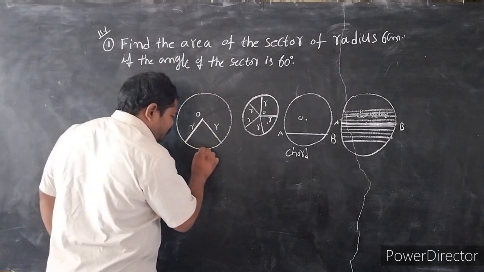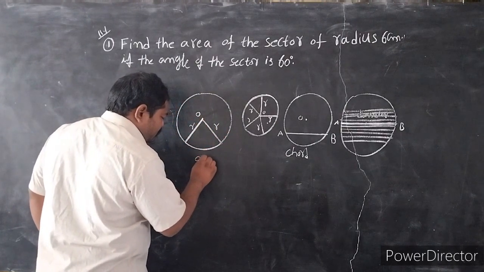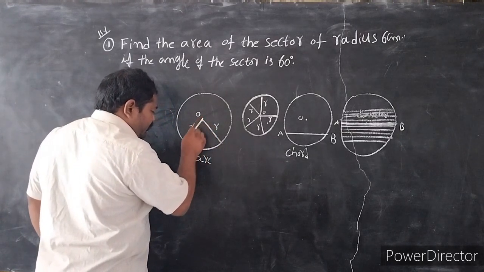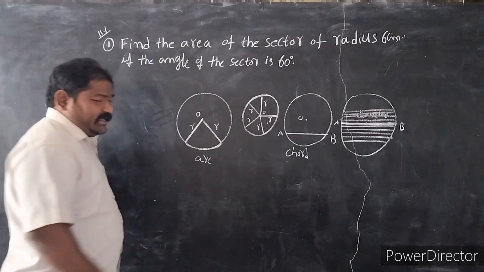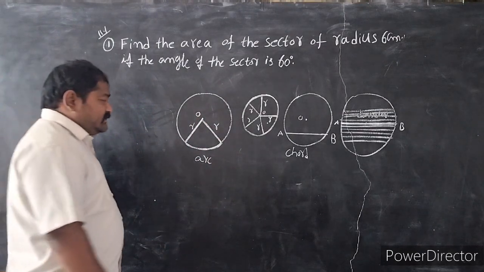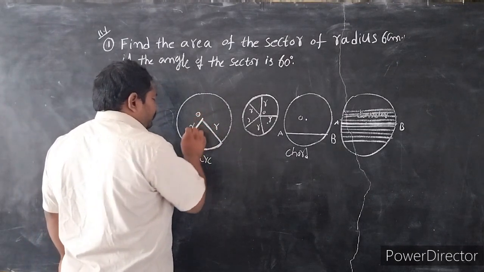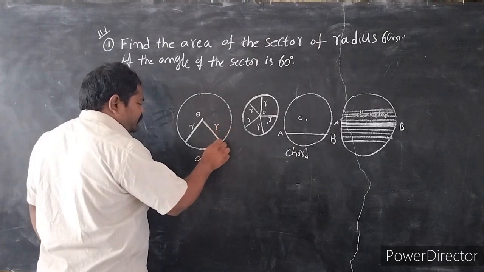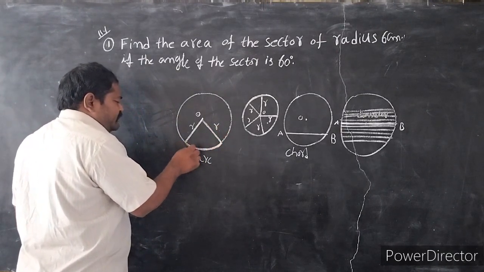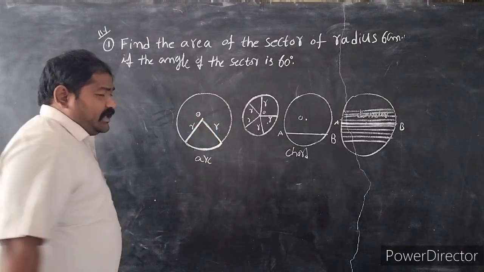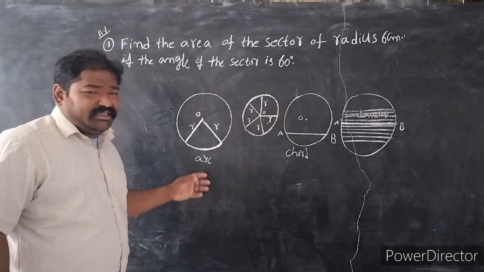And this is called an arc, and this total figure from this circle is called a sector. Therefore, a sector has a center as well as two radii of the same length and one arc. The combination of an arc and two radii is called the sector of the circle.